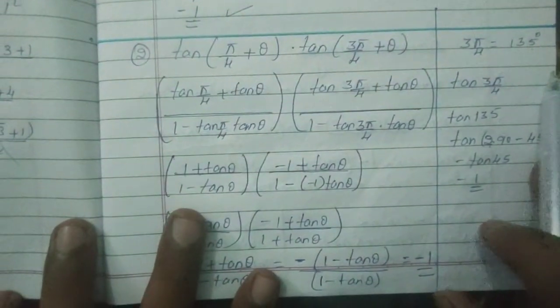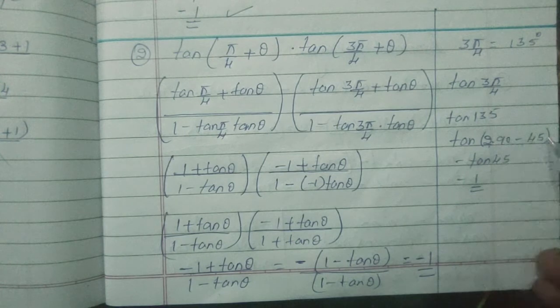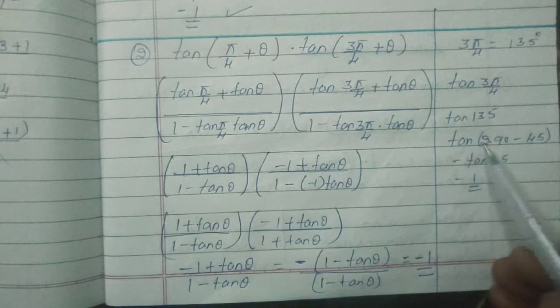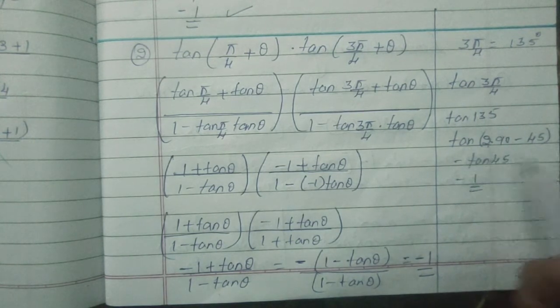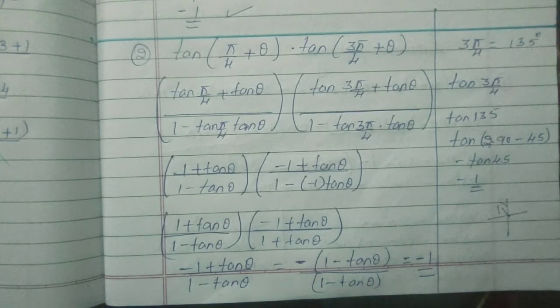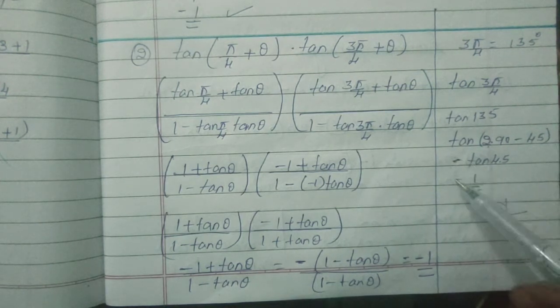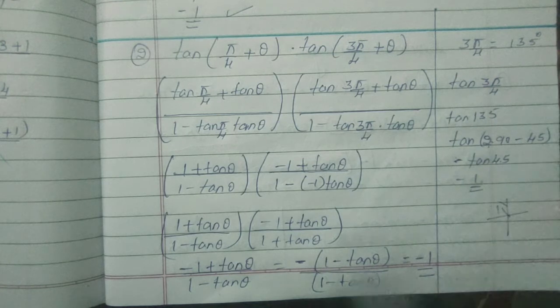If you want, I will explain here. 2 times 90 minus 45 is nothing but 135. So it is an even number, so tan as it is, theta is 45. 135 lies in the second quadrant. In the second quadrant tan is negative, so my result is minus tan 45 value 1.